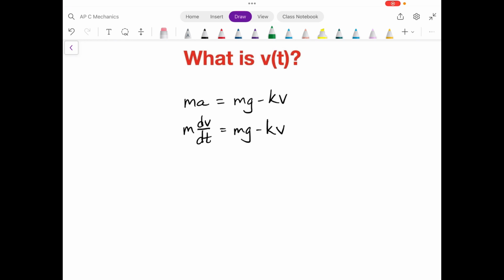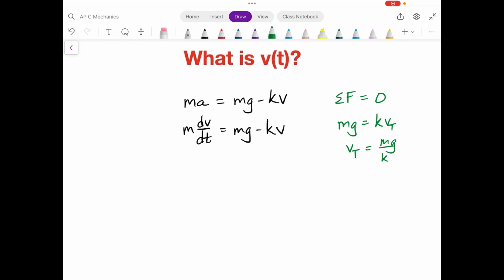Remember that for the case of terminal velocity, the sum of the forces was equal to 0, and so that means the downward force of gravity is equal to the resistive force. And so the terminal velocity, when it's no longer speeding up but still falling, is equal to mg over k.